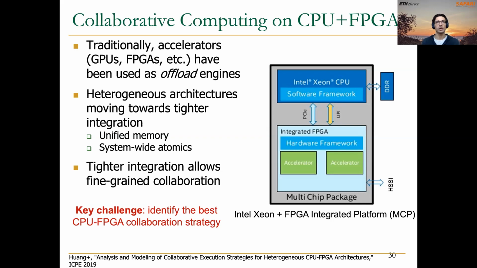For example, Intel HARP integrates an Intel Xeon processor and an FPGA in the same package. They are tightly integrated, designed for fine-grained collaboration between the CPU side and the FPGA side.